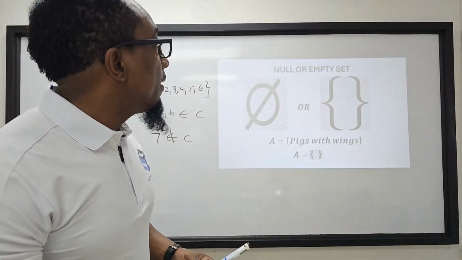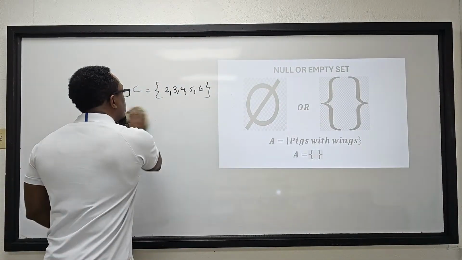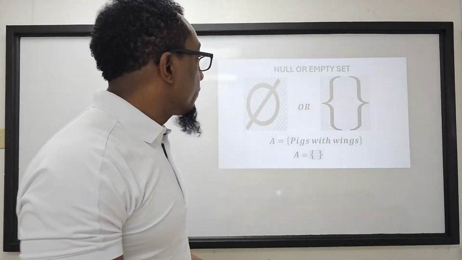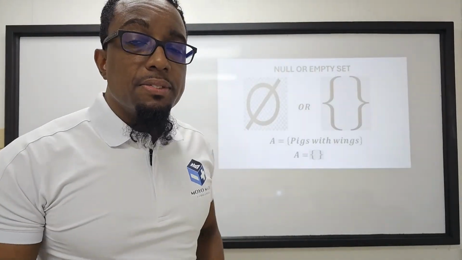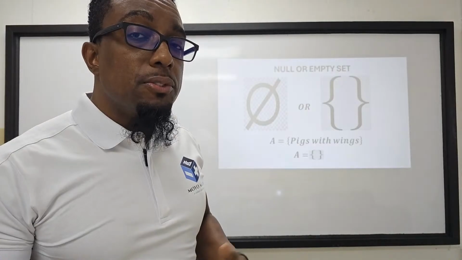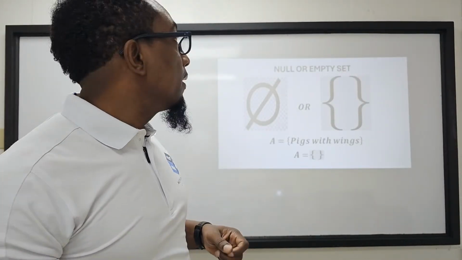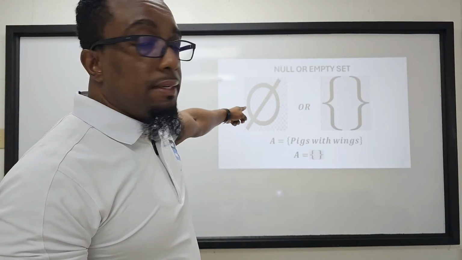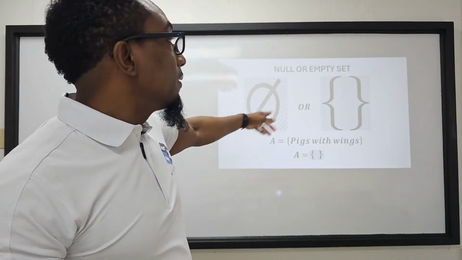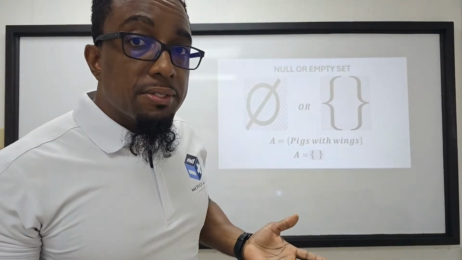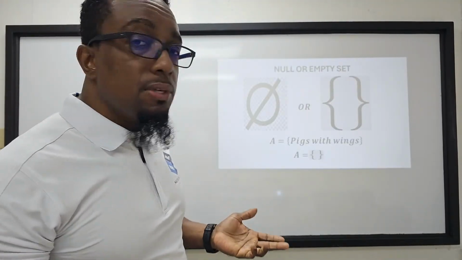We also have our null or empty set. Of course, a null or empty set is a set where there are no members, no elements, and the symbol or the notation we use for the null or empty set will be this symbol, a circle with a line through it, or we can use the two open and closed curly brackets with no elements, no members, so it represents null or empty.